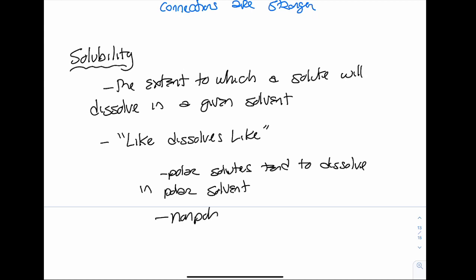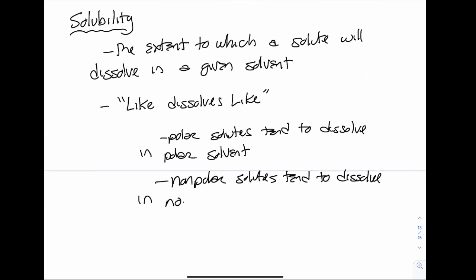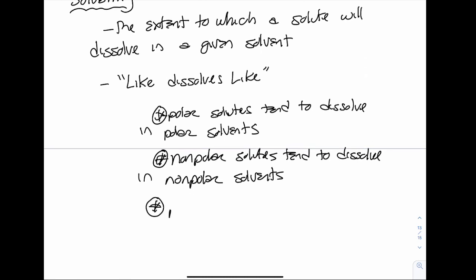Non-polar solutes tend to dissolve in non-polar solvents, and we could say that polar and non-polar substances will not form solutions. They can still form a mixture, it just won't be homogeneous.